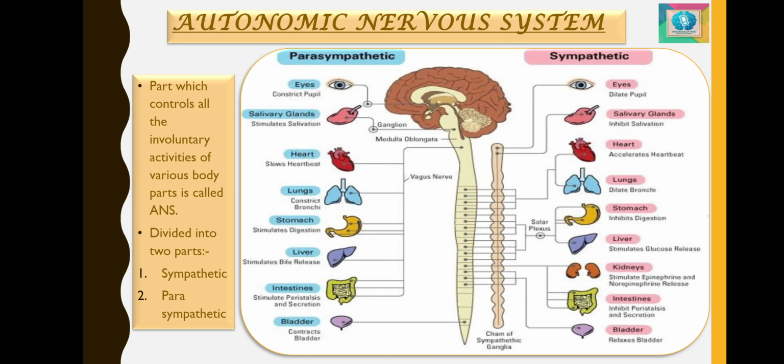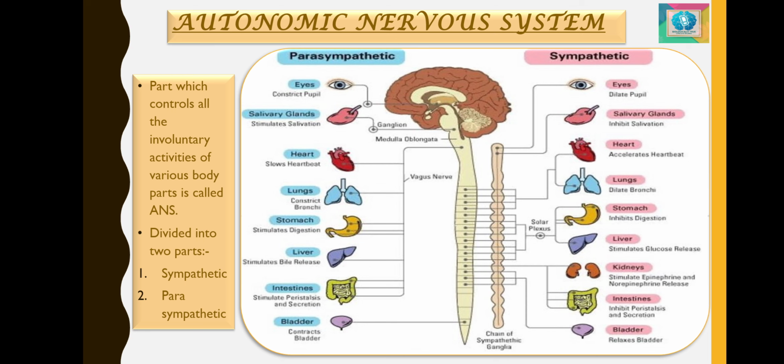The last part of the peripheral nervous system is the autonomic nervous system. That part of the nervous system which controls all the involuntary activities of the various body parts is termed the ANS, or autonomic nervous system. The involuntary activities include blood flow, heartbeat, digestion, and breathing.